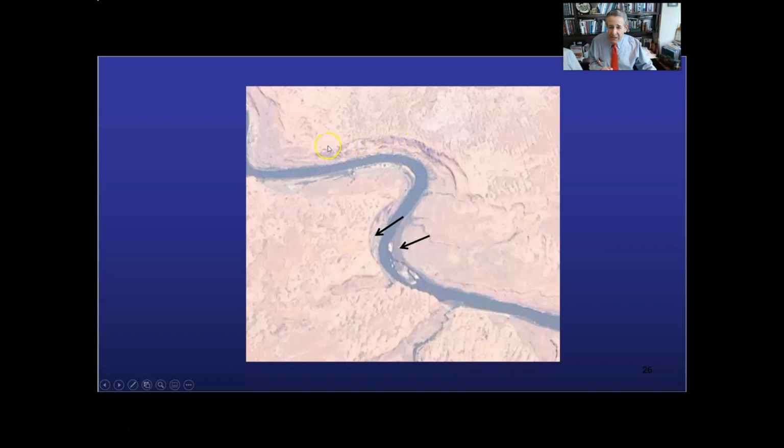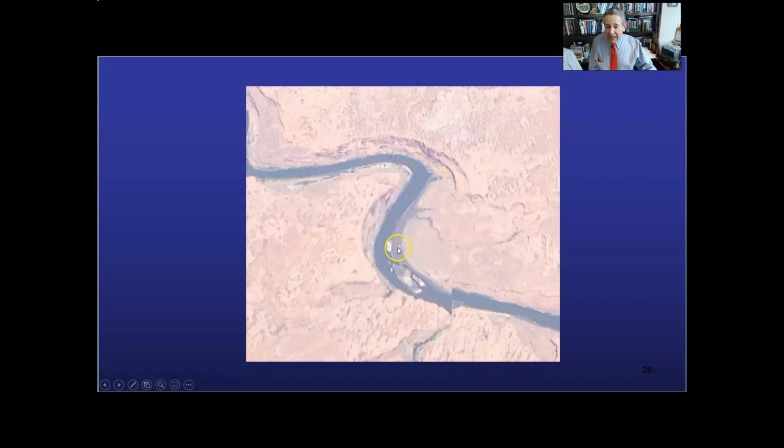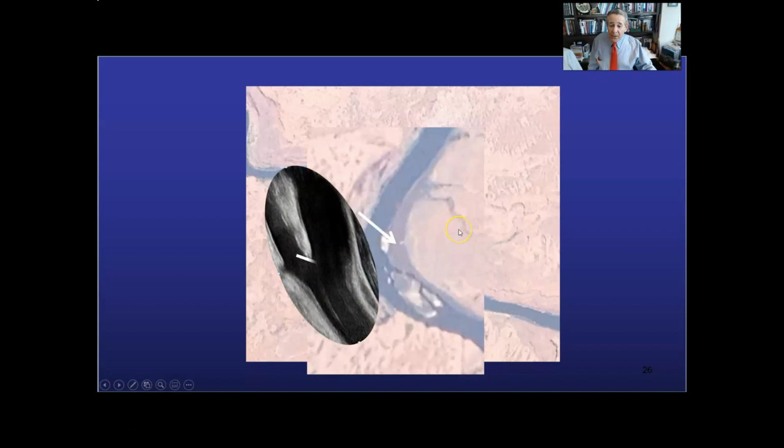And here's the flow going around in the other direction. And in fact, here's where the silt is deposited, and here is where the canyon is carved. So the silt is just like cholesterol, as it turns out. For those of you who are used to looking at carotid ultrasound, you know that it's on the inside of the flow where you develop the plaque, just like the silt on the inside of this curve in the Colorado River.